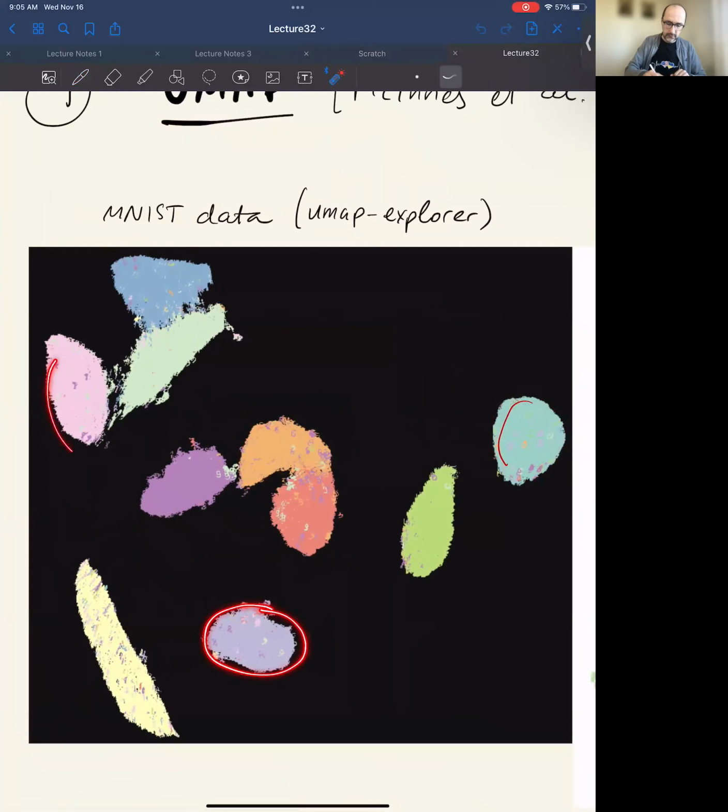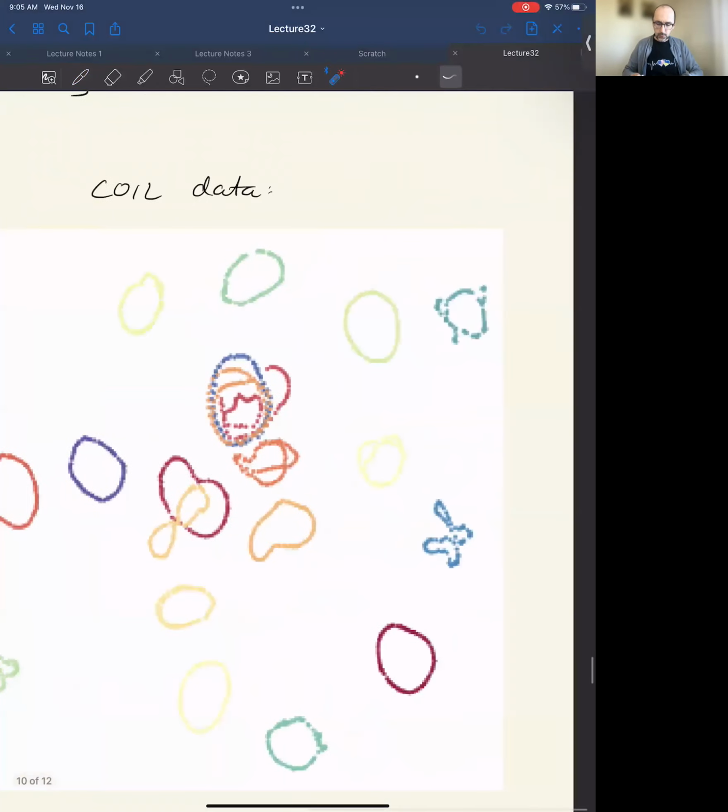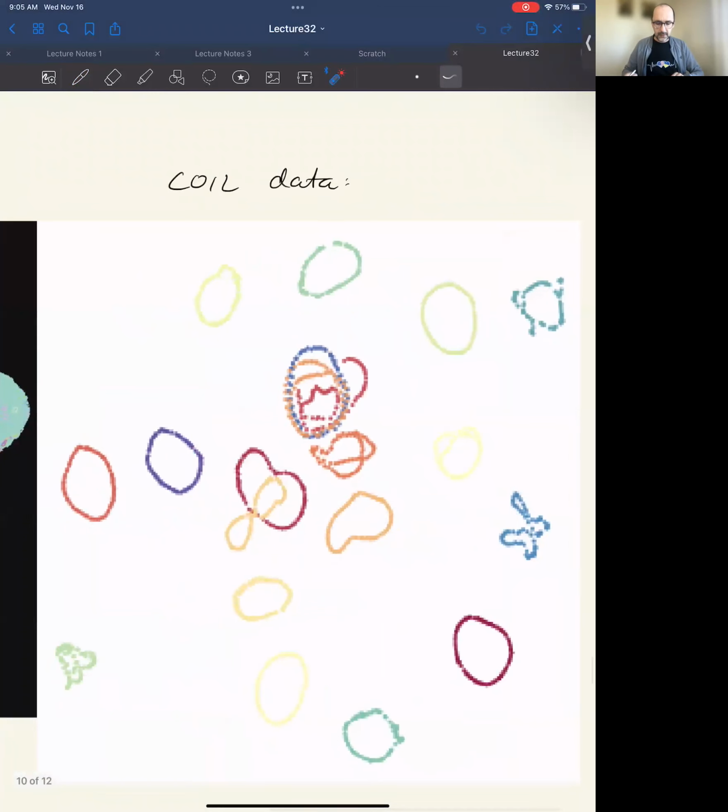This is 3, this is 9, and so on. So they cluster a little bit better. This is COIL data. Definitely better than t-SNE did. So these rotated images of cats and dogs are really shown as rotations, as loops here.